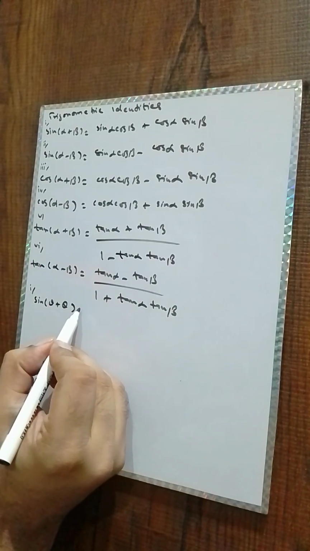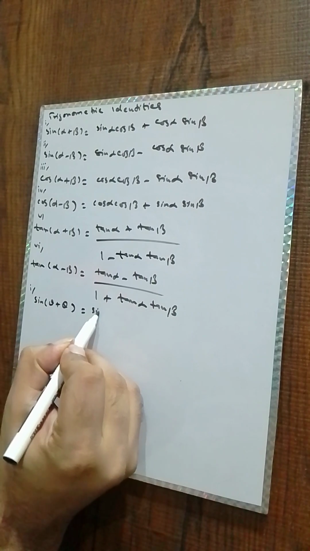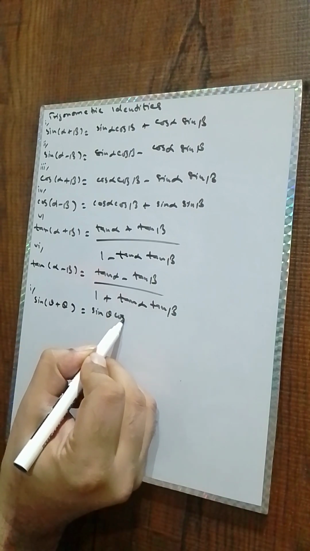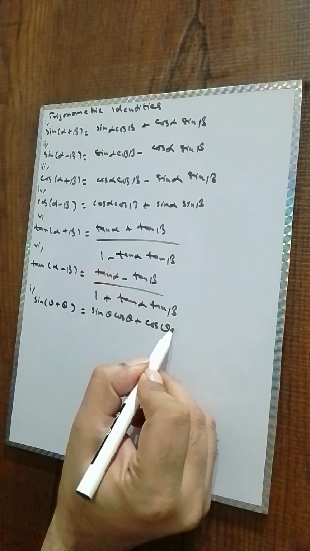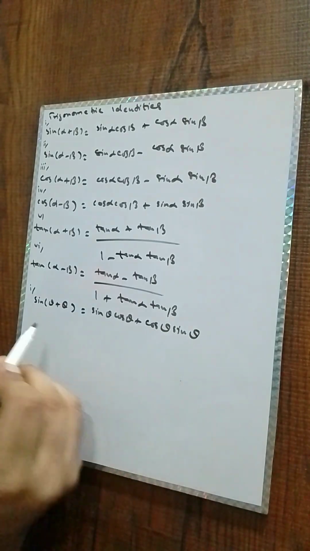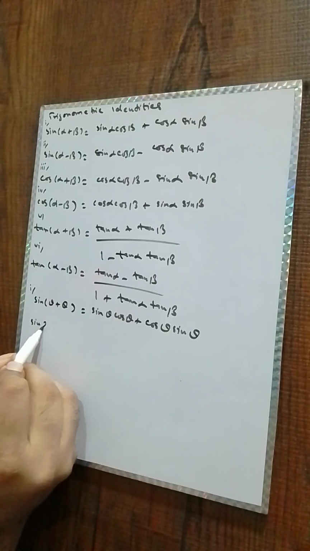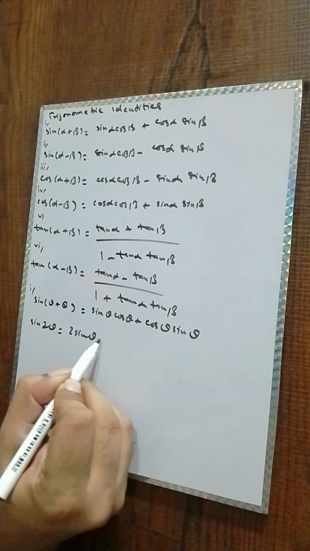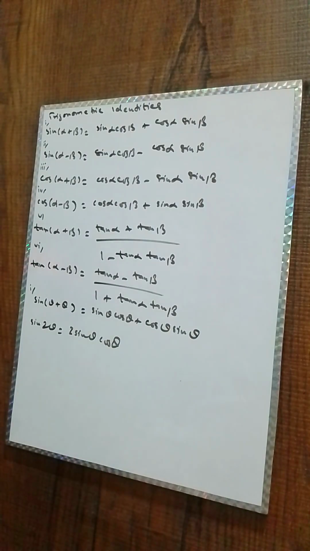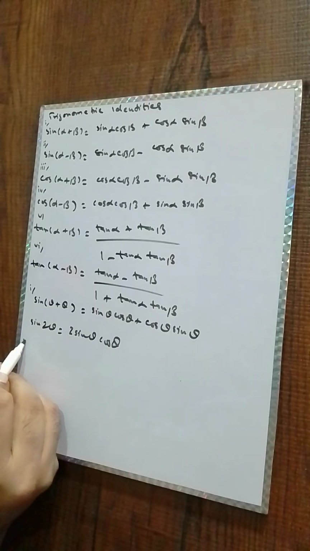Yes, both alpha and beta are the same. So this gives us sine theta cos theta plus cos theta sine theta from the basic form. So sine 2 theta becomes 2 sine theta cos theta. Yes, so this is important in substitutions.